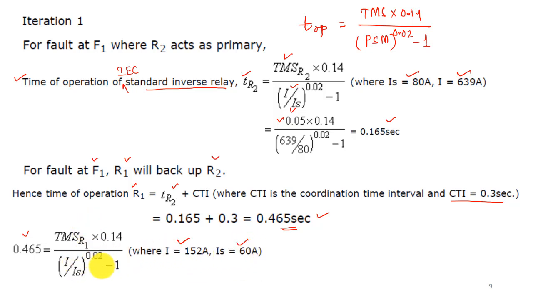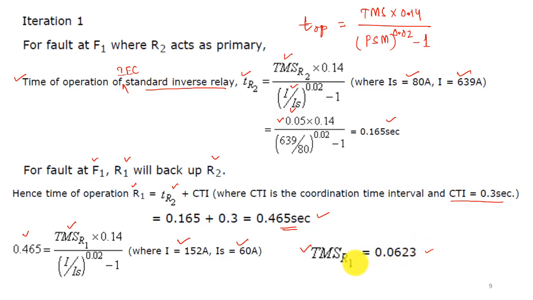So we can substitute I and IS here and find the TMS setting of relay R1. From this equation we will find TMS equal to 0.0623 for relay R1. Okay, so this will be the TMS setting for relay R1.